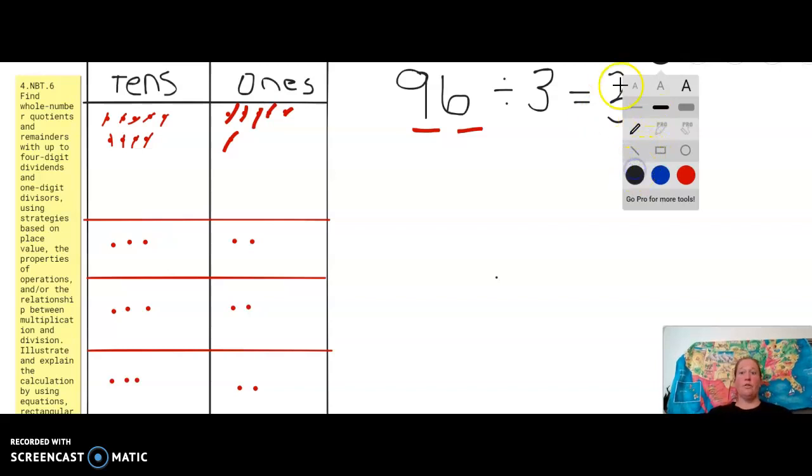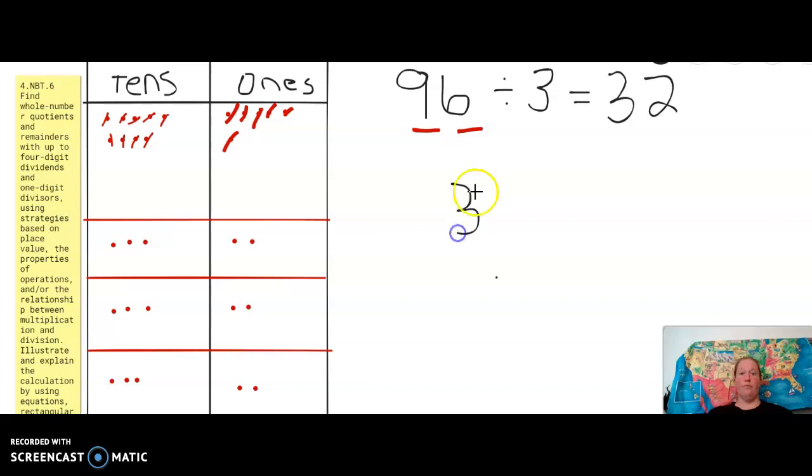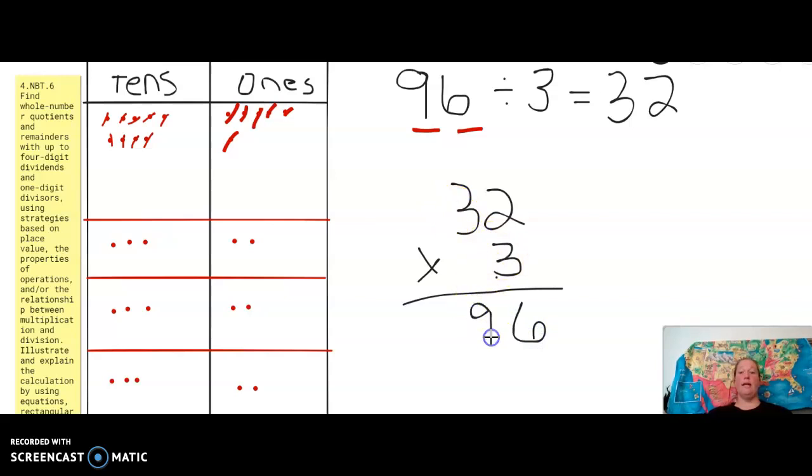My quotient was 32 times our 3. If we did it correctly, we want to get 96. 2 times 3, 6. 3 tens times 3, we get 9 tens or 90. So the answer is 96. Yes, correct.